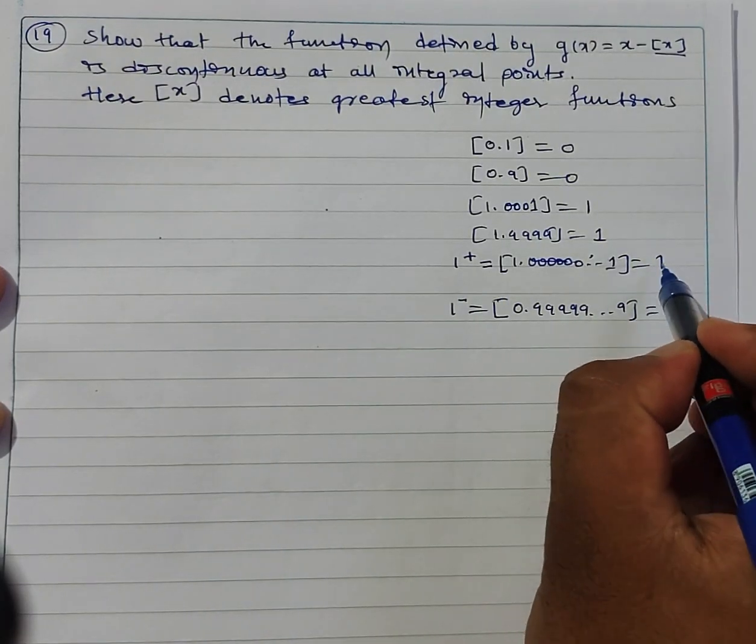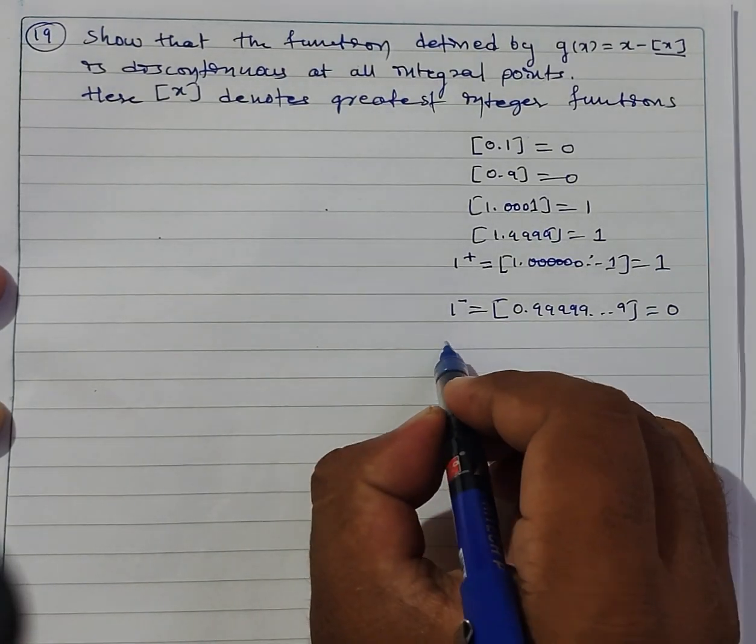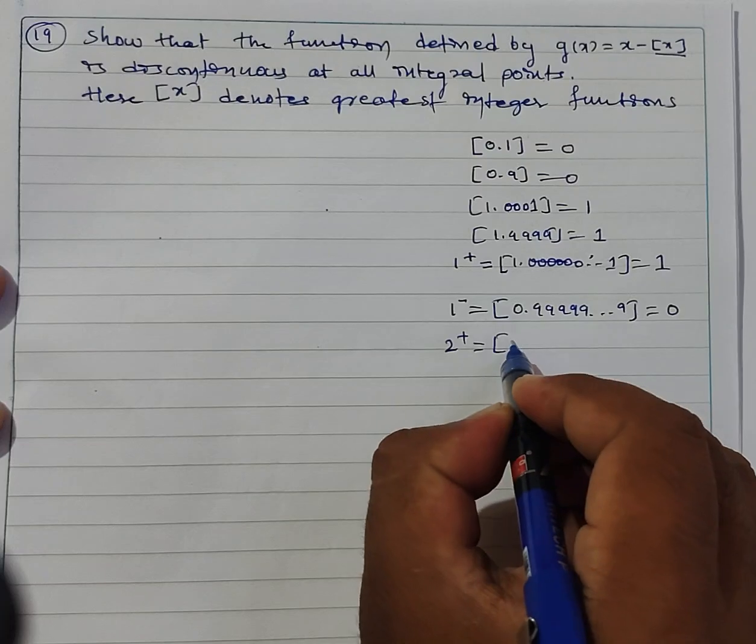At 1 plus we get 1, at 1 minus we get 0, so it is less by 1. Now suppose 2 plus, which is greater than 2. So greater than 2 means what?